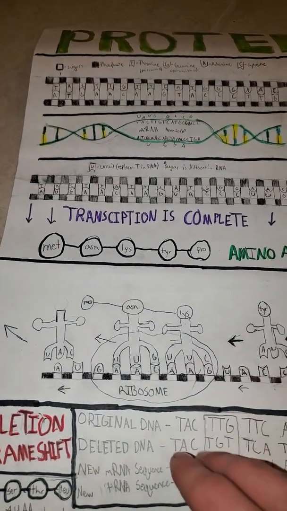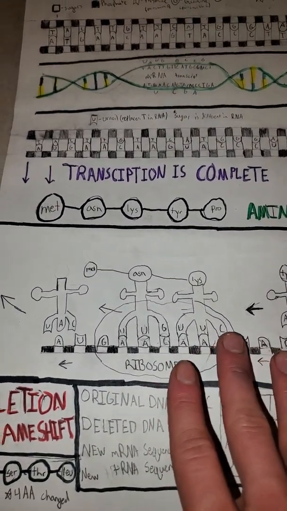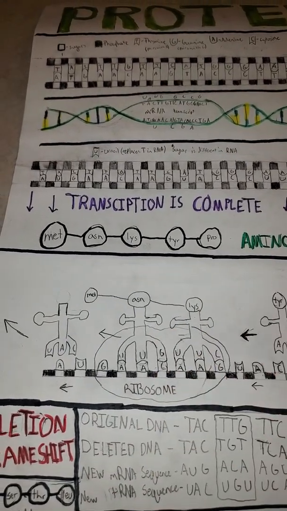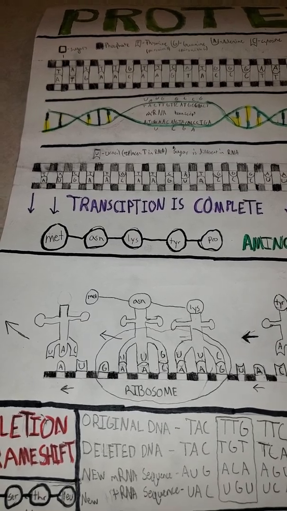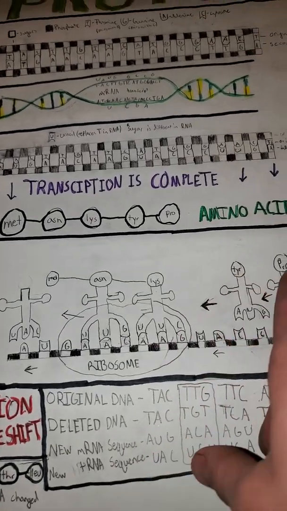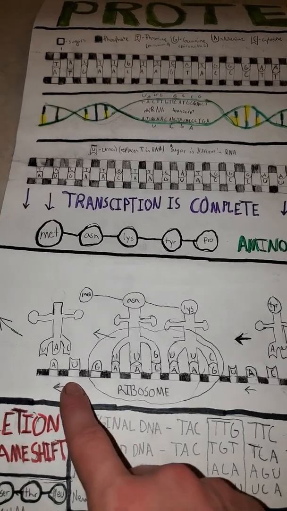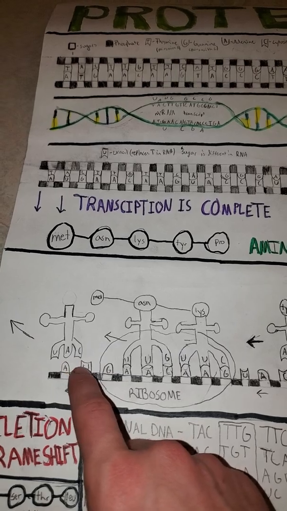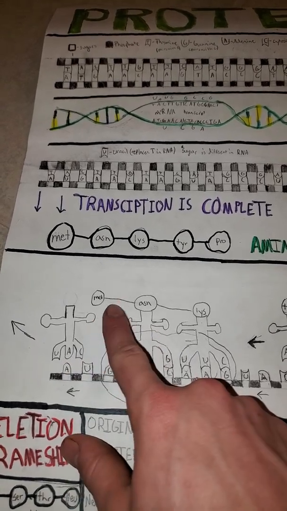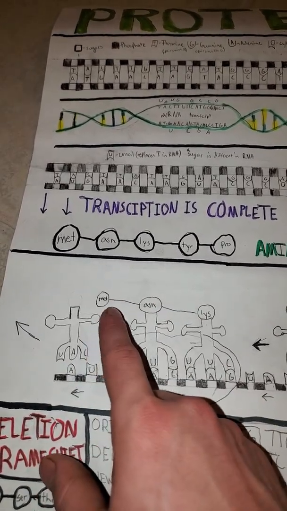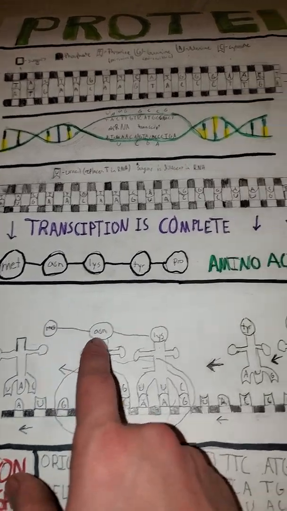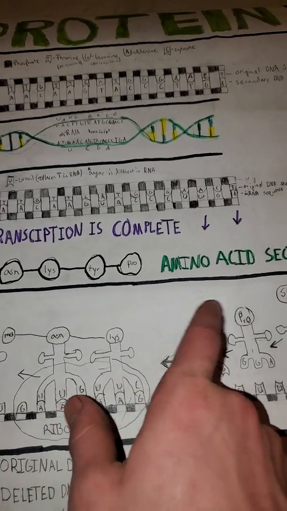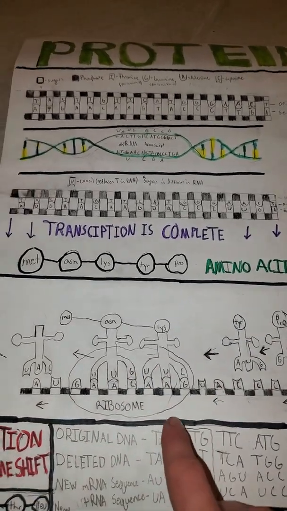In order for these codons to figure out which is the right amino acid, they have something called tRNA with an anticodon, which is basically just the opposite of the mRNA. A tRNA is a transfer RNA, and it carries our amino acids, as you can see: Met, Asn, Lys, Tyr, Pro. They come in.